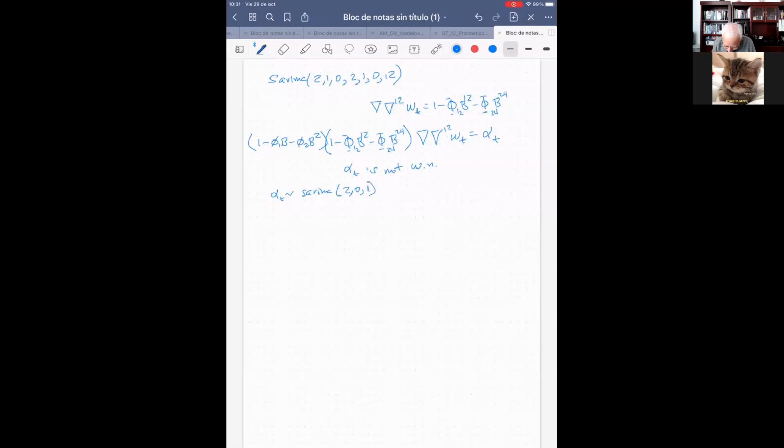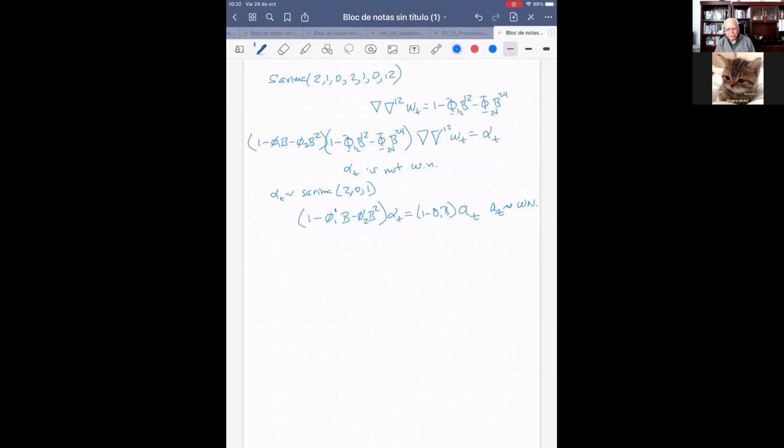So my model for alpha t is going to be then 1 minus, I'm going to call this phi 1 prime, phi 1 prime B, minus phi 2 prime B squared, times alpha t equals 1 minus theta 1 B of a t, where a t is white noise.